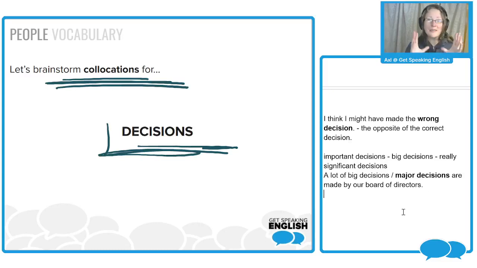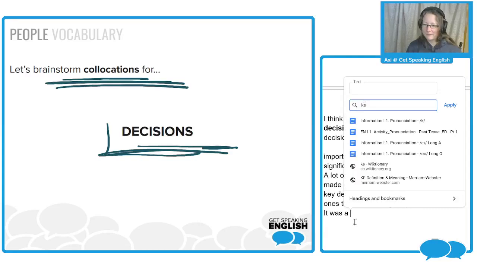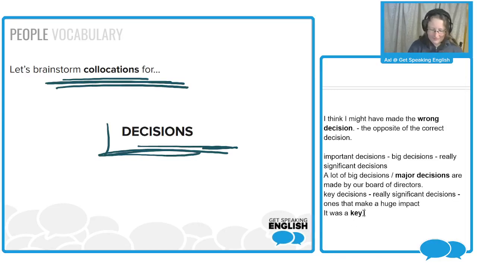You might also hear about key decisions. So key decisions, and these are really like significant decisions. Some decisions that make a huge impact, right? So for example, it was a key decision that changed the trajectory of our organization.